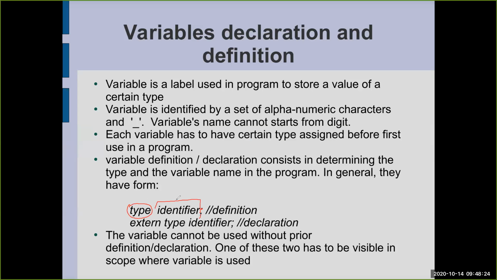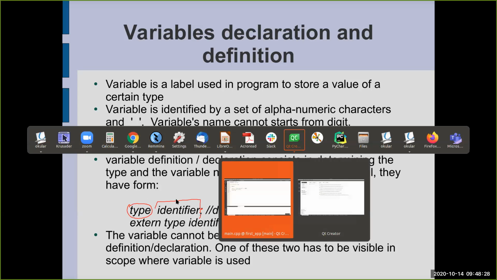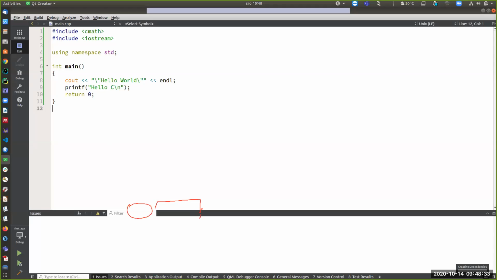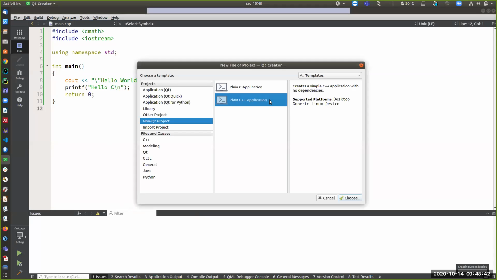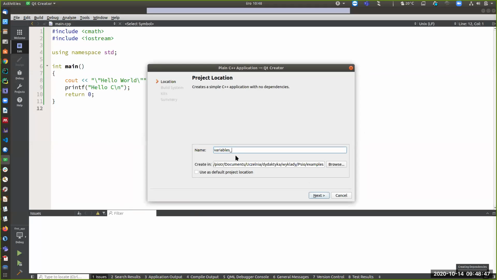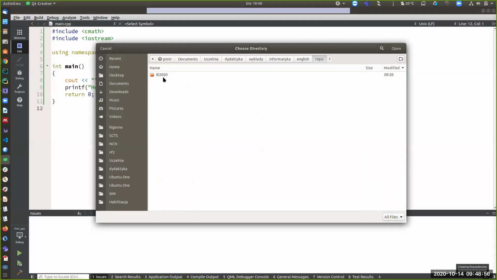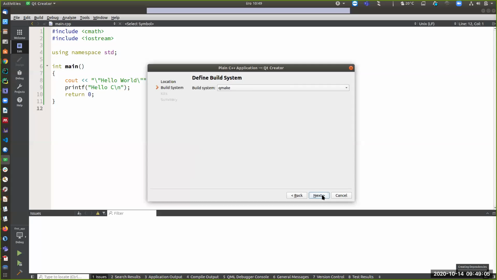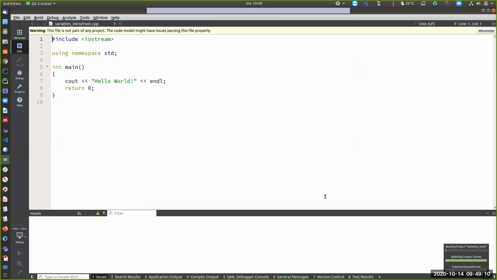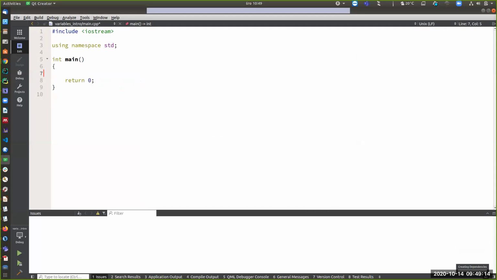When I connect these elements together, this is called a definition. So for example, if I'd like to create a variable which is able to store the int type, I can do it like this.